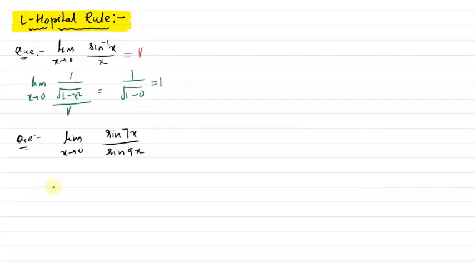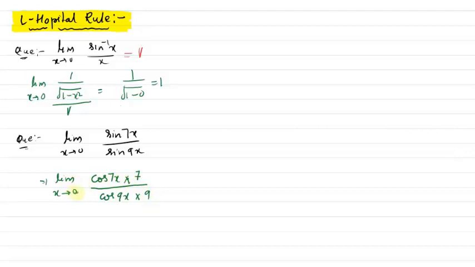So 0 by 0 form is there, we can directly apply the LH rule. So we can also write this as limit x tending to 0. Now differentiation of sine 7x is cos 7x, and if you apply the chain rule, differentiation of 7x gives cos 7x into 7, divided by differentiation of sine 9x, which will give cos 9x, and differentiation of 9x will give 9.